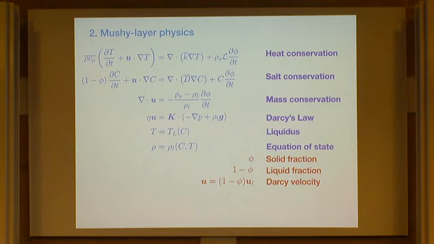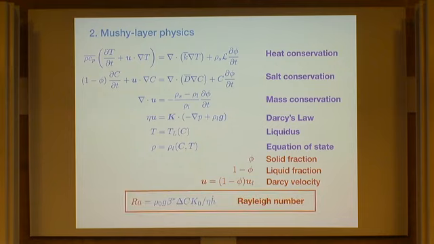And then finally there's some equation of state, which we're going to take to be a linear function of the composition and temperature. And the dominant non-dimensional parameter in this system, at least as far as convection goes, is a Rayleigh number. I've got a diagram on the next slide which explains what some of these terms are.